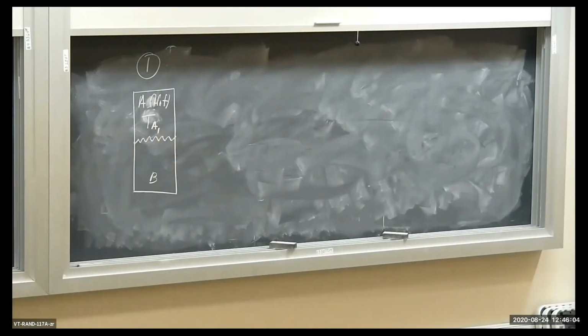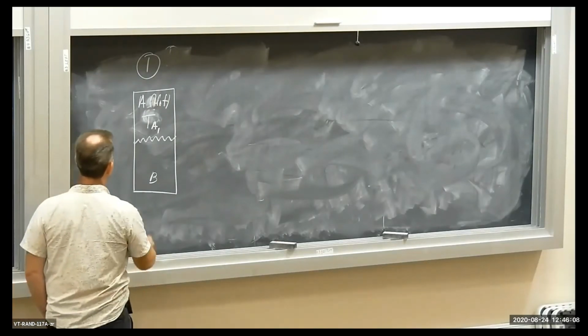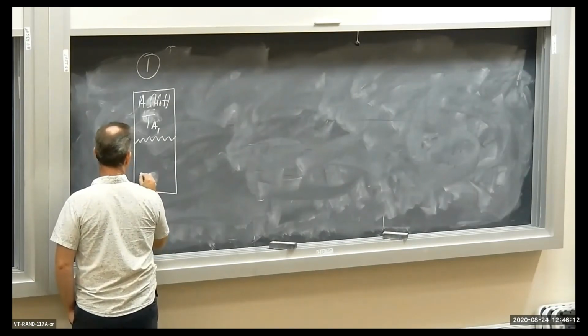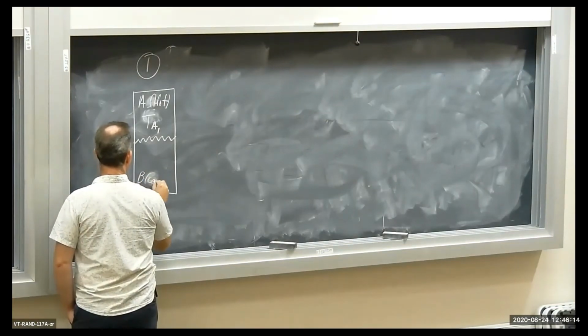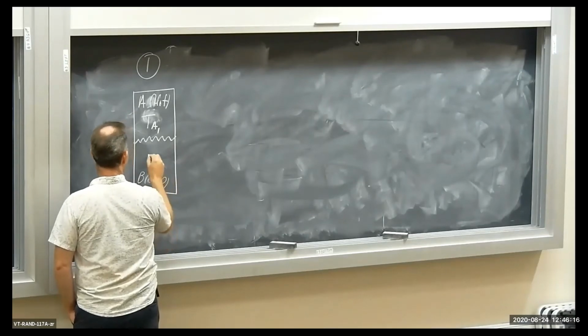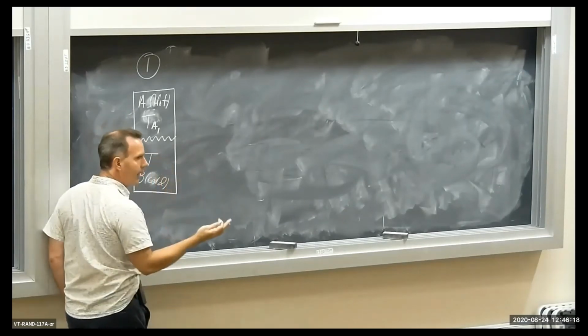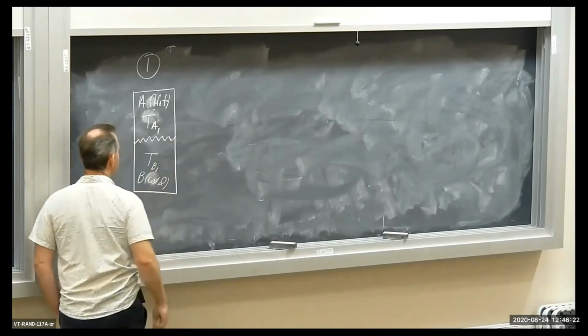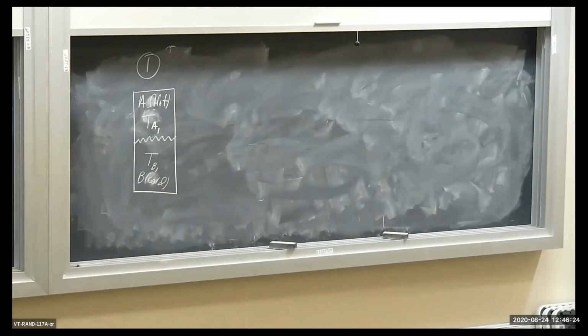At state 1, the top bar is hot and the bottom bar is cold. And they are contacting each other. So B is cold, and at state 1, or time 1 if you like, the bottom bar has temperature TB1.